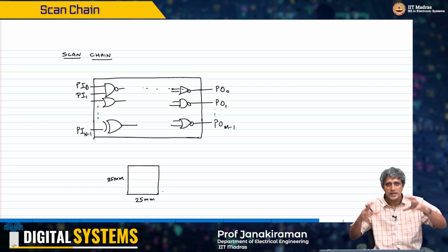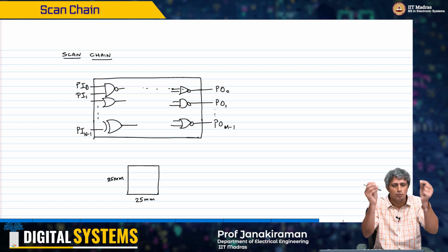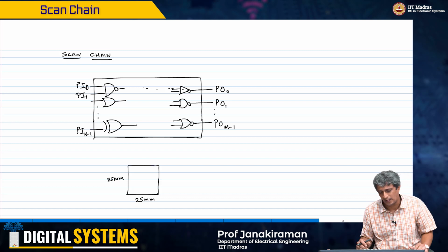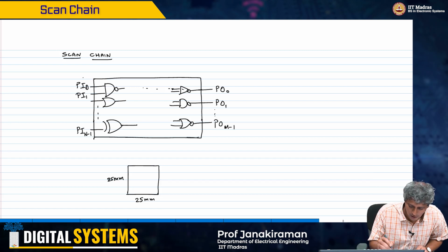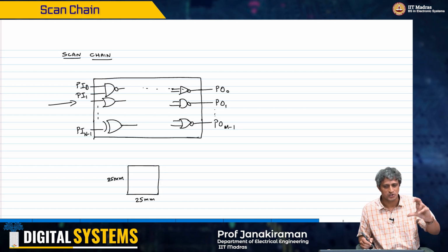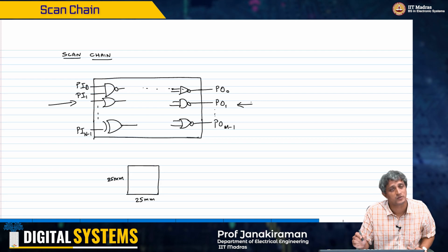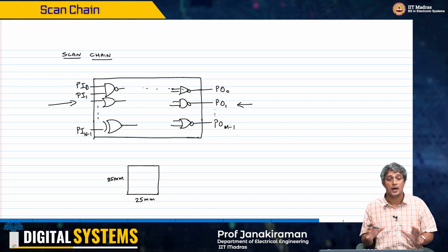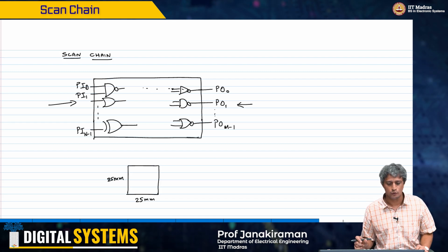That means the total number of inputs and outputs to this chip could be very small, of the order of 100 or something. So in all fairness, you can assume that you only have access to these n inputs and these m outputs, and in some cases that also may not be true. You may have access to fewer things.